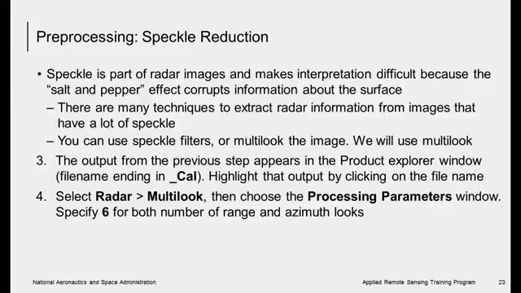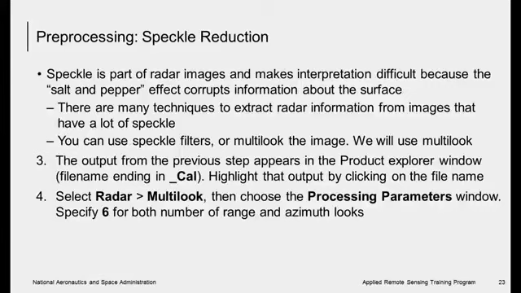It's very difficult to sometimes visually interpret the images, and even more difficult to do analysis on the image when you have a large amount of speckle. There are two ways of reducing speckle. One is through speckle filters, and another is by multi-looking the image. We will use multi-look in this case.